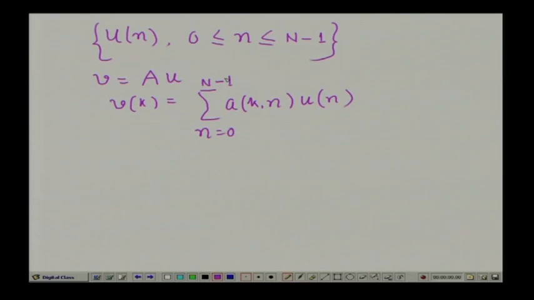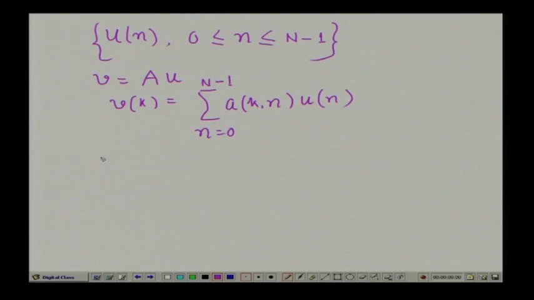Now, we say that this transformation is a unitary transformation if the matrix A is a unitary matrix. So, what is meant by a unitary matrix? The matrix A will be said to be a unitary matrix if it obeys the relation that the inverse of matrix A is given by A conjugate transpose.